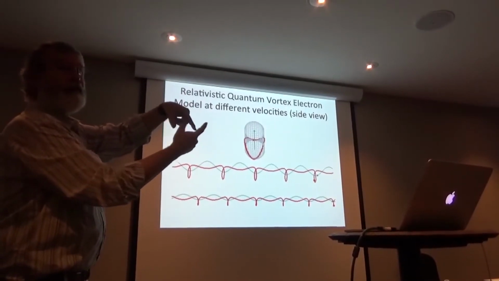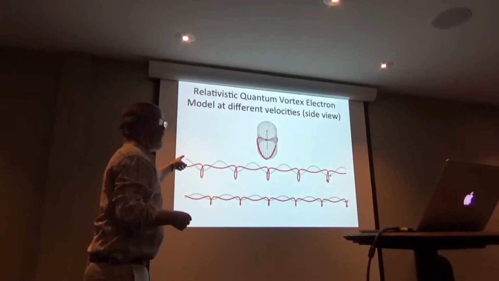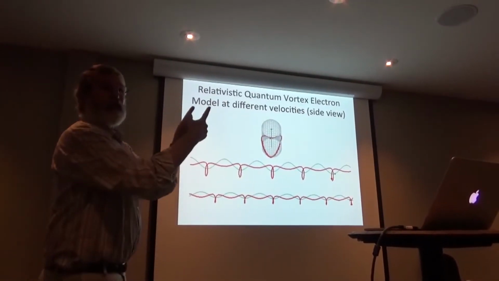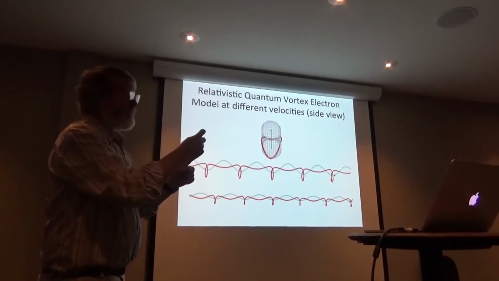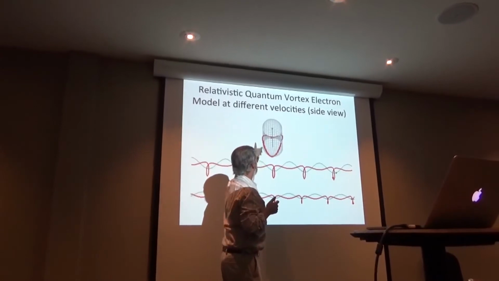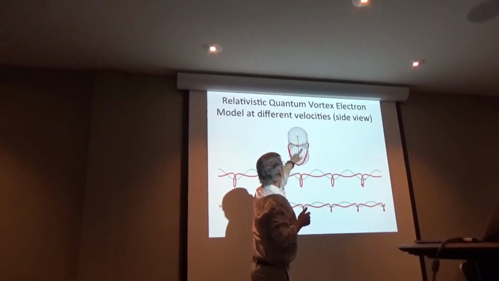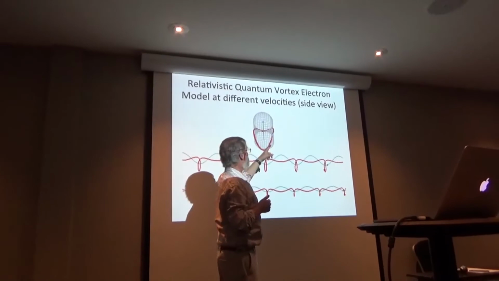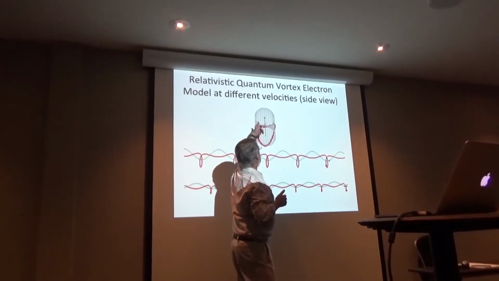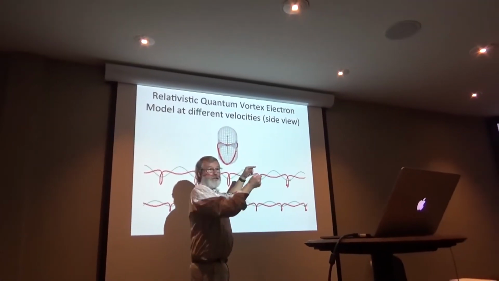That's because it's composed of a spin 1/2 half photon of more energy. More energy means shorter wavelength, means shorter radius. So this is a resting electron, and this is showing a side view of the path of the superluminal charge. And this is the circular radius of the axis.